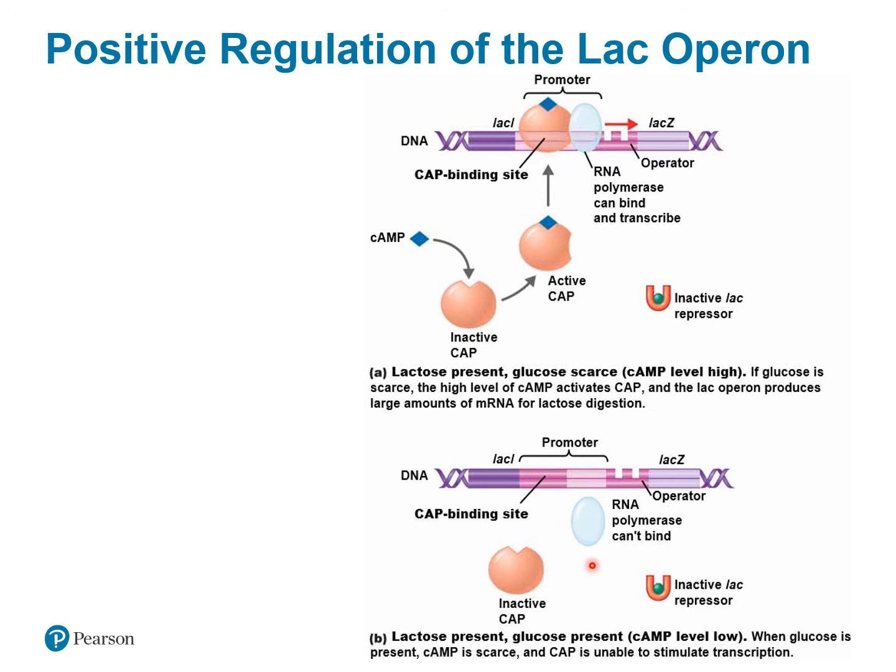One is the presence of lactose, and another is low levels of glucose. Because once the glucose levels are pretty low and lactose is present, both are needed for the transcription and translation of the proteins needed to metabolize lactose to proceed.